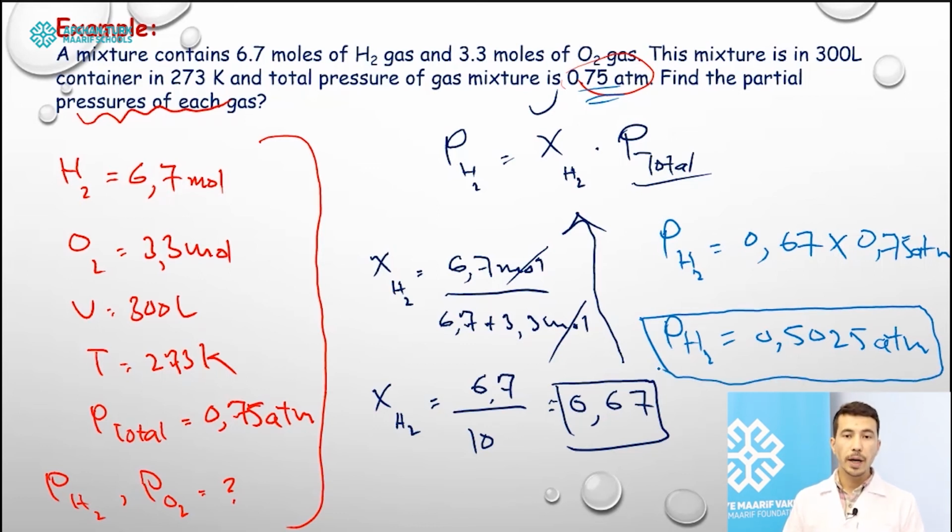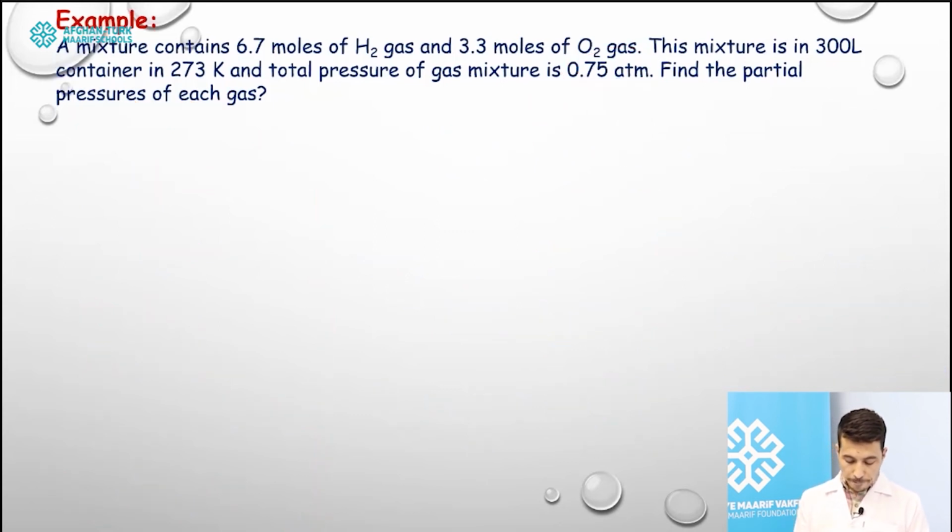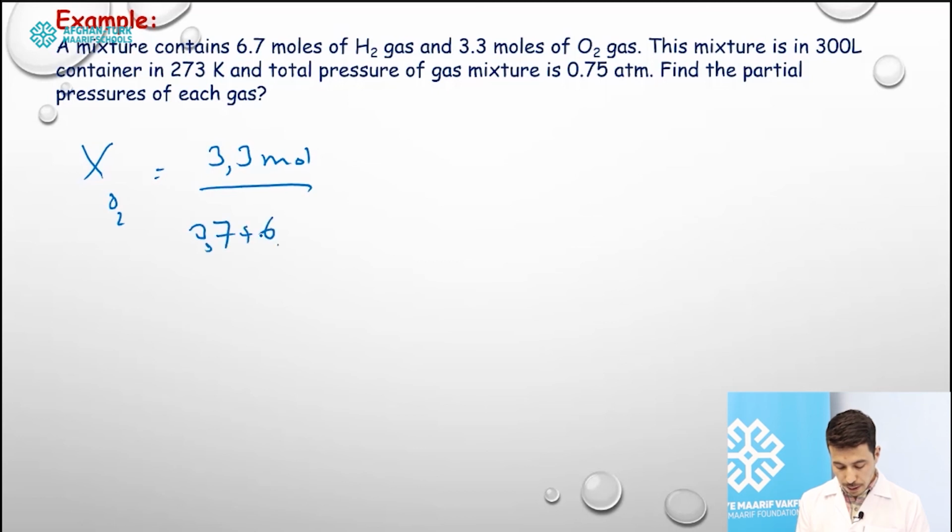Now what remains is the partial pressure for the oxygen gas. Let's find the partial pressure for the oxygen. Again, we have to find the mole fraction for the oxygen. XO2 is equal to, what's the number of moles of oxygen? It's 3.3 moles divided by 3.3 plus 6.7 moles.